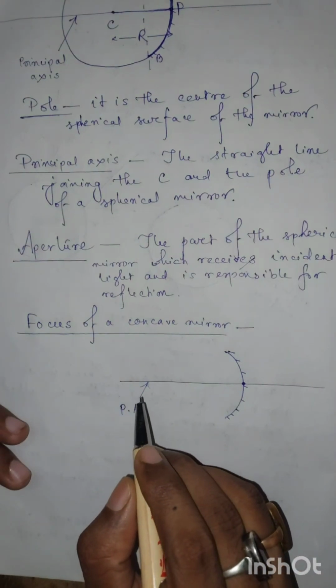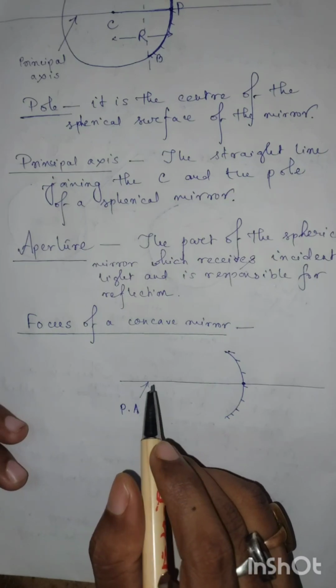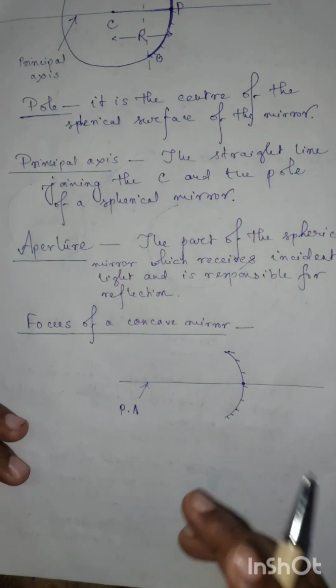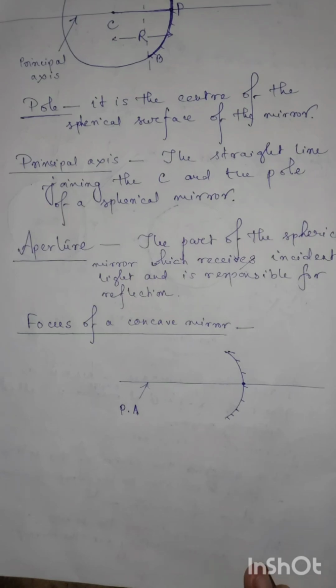Let us assume light rays are coming from infinite distance. So when light rays come from infinite distance, they become parallel to the principal axis.